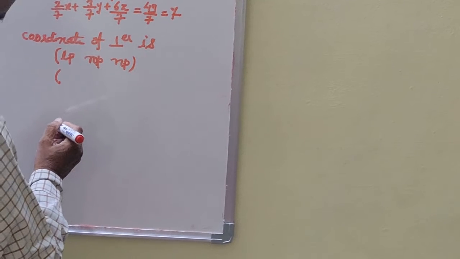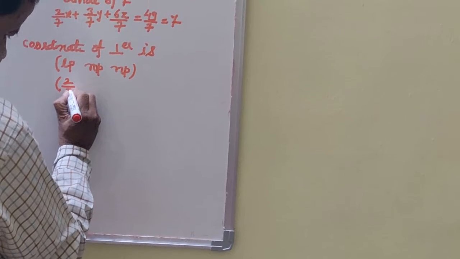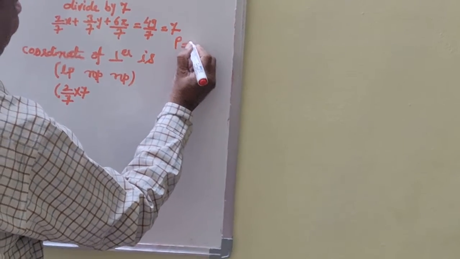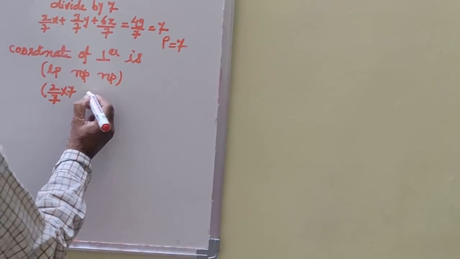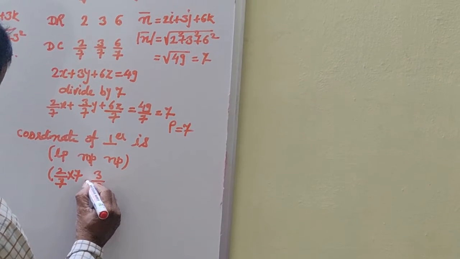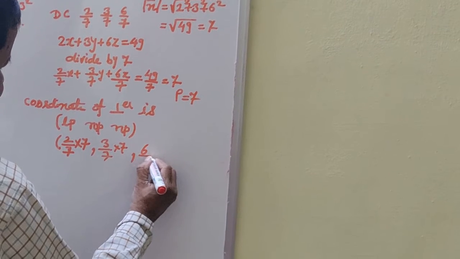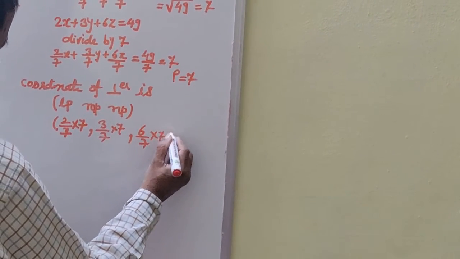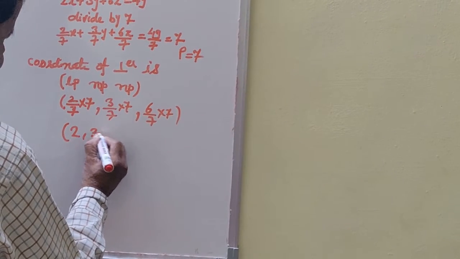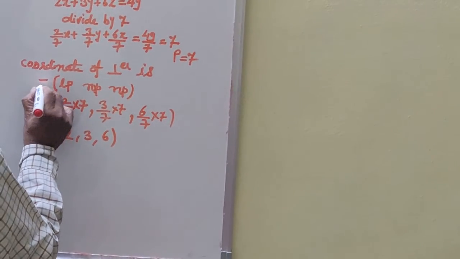That is equal to 2 by 7 into p, where p is equal to 7, then m into p, which is 3 by 7 into 7, then 6 by 7 into 7. Now I will cancel this 7, so 2, 3 and 6 are the coordinates of the foot of the perpendicular.